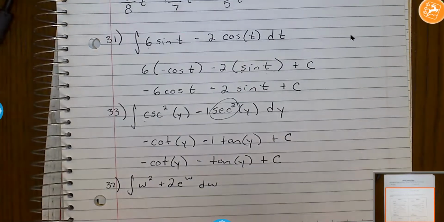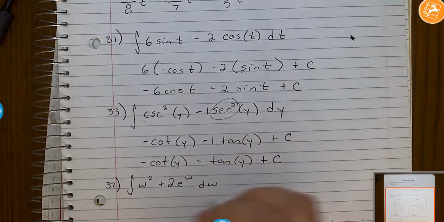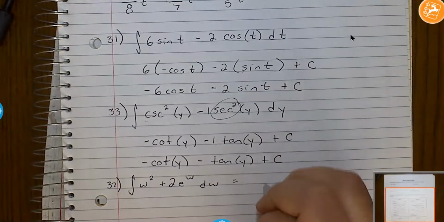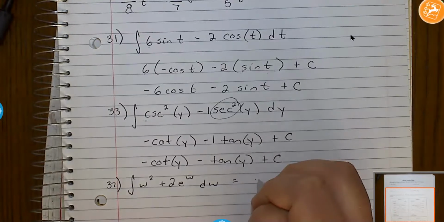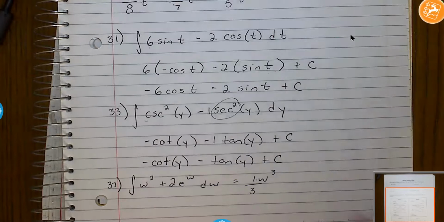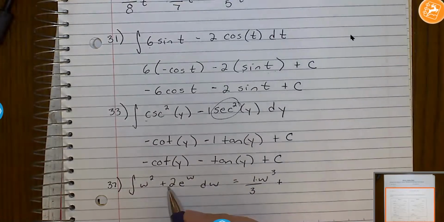Here, you just have to know when you're taking the integration of e to anything, or e to w, is going to be e to the w plus c. So the antiderivative of w squared, I'm going to do this over here because I'm running out of room on my paper. This becomes w to the third divided by 3 plus 2 times e to the w.